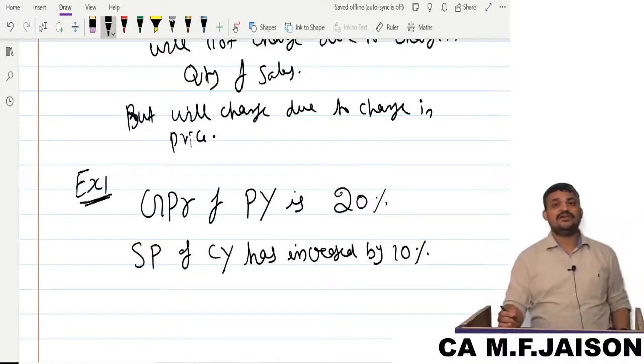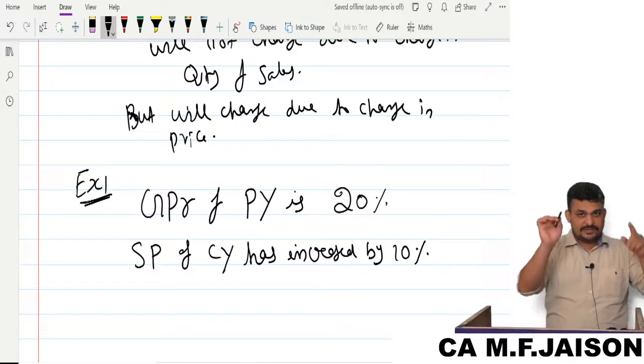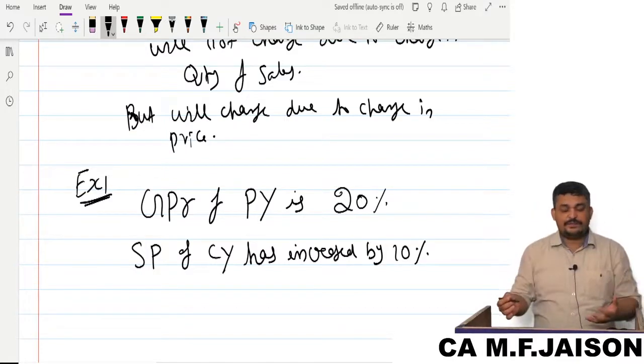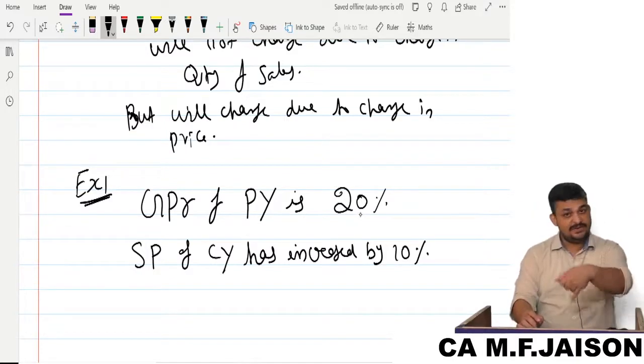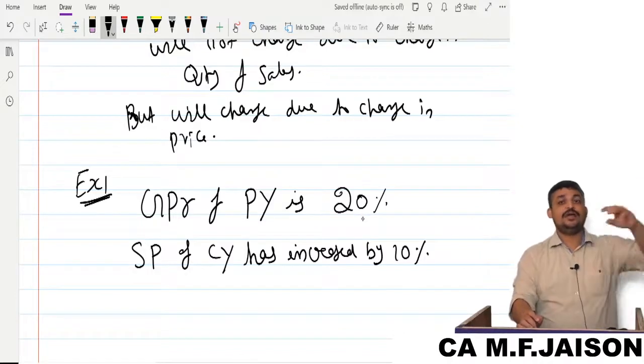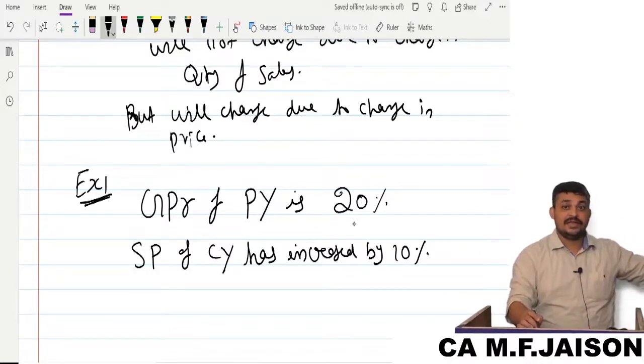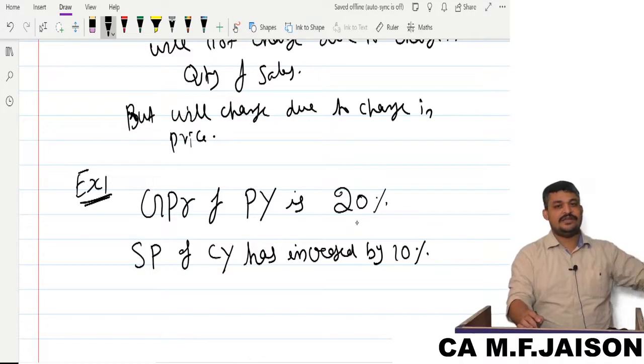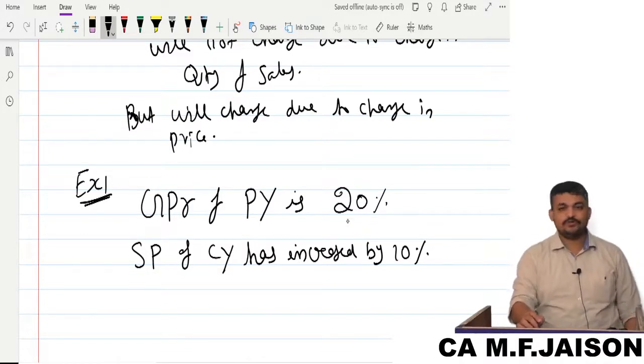Previous year GPR how much? 20%. Now from our academic viewpoint, either this GPR is given in the question, or you may have prepared a trading account, in which you have found out GPR as 20%. Correct? So that way you know previous year GPR is 20%.